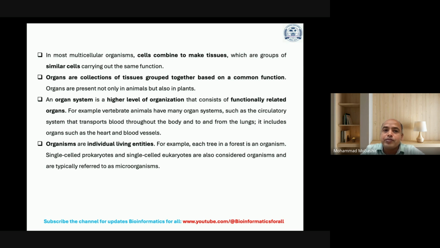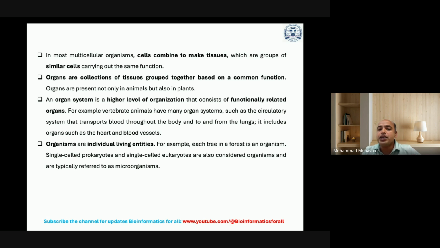An organ system is a higher level of organization that consists of functionally related organs. For example, vertebrate animals have many organ systems, such as the circulatory system that transports blood throughout the body and to and from the lungs. It includes organs such as the heart and blood vessels.